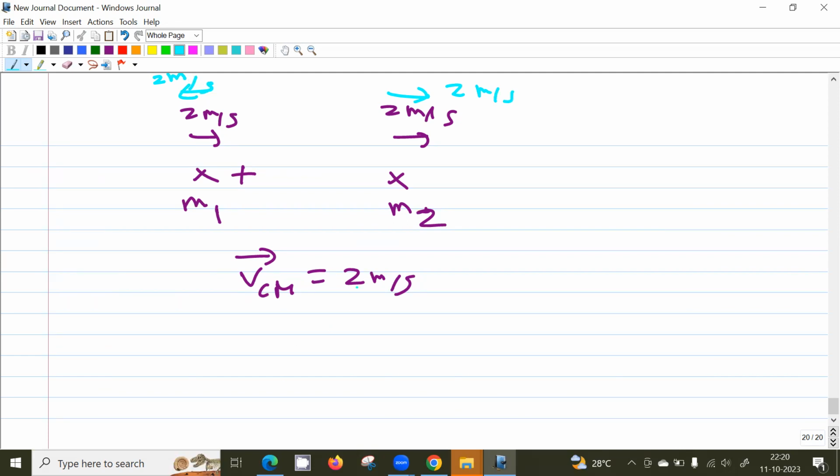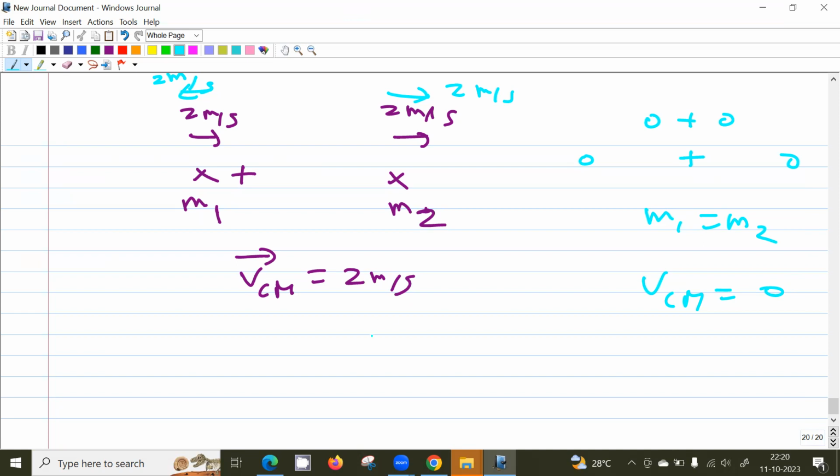Then the center of mass, if we take a special case of M1 equal to M2, in that particular case I can say the center of mass will not move. Because if I have two equal masses like this, the center of mass will be the same point.